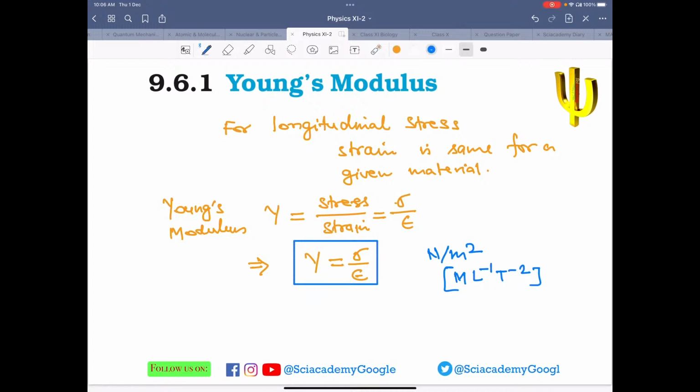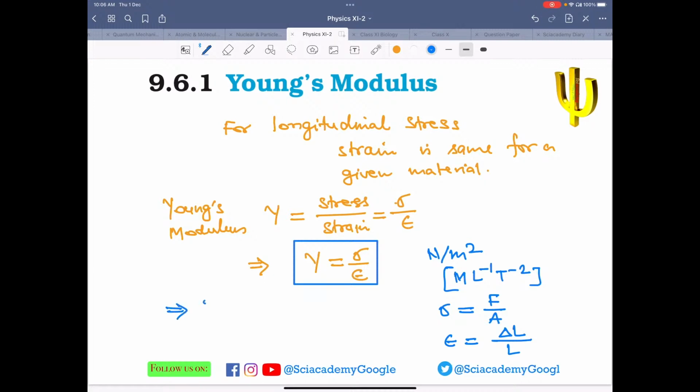Further, since we know that longitudinal stress sigma can be written as the force per unit area, and epsilon, that is the longitudinal strain, can be written as the ratio of the change in length to the initial length of the body.